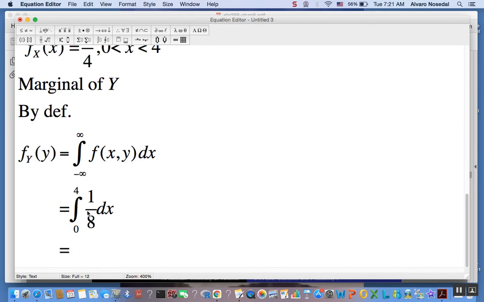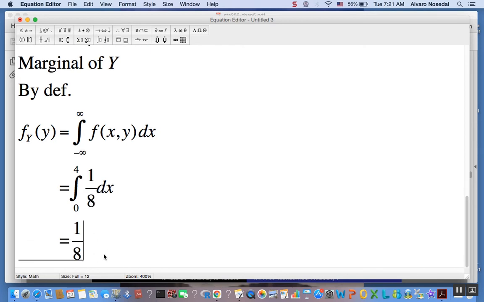Again, we get to factor out this guy, right? 1 over 8. We know that the integral with respect to x of 1 is going to be just x. So in the end, we're going to have just 4 minus 0, right? Let me write it down like that. So 4 minus 0, right?